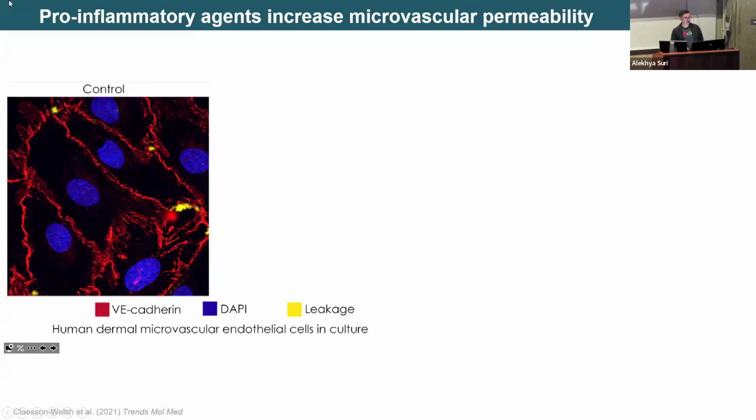You see red, that's the cadherin molecules forming the barrier. DAPI in blue shows you the nucleus of the cell. And the tiny little things in yellow represent sites of leakage. That's where the barrier has been lost, and with some experimental manipulation, you can see what's under the cell.